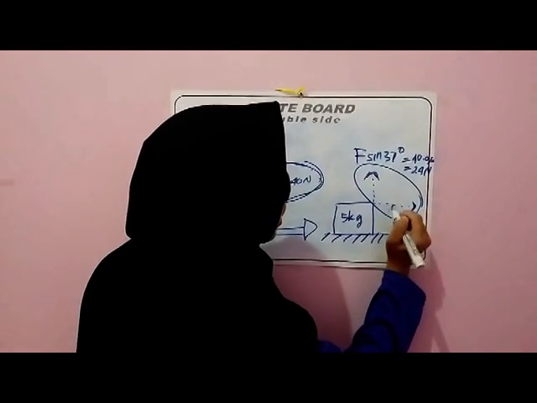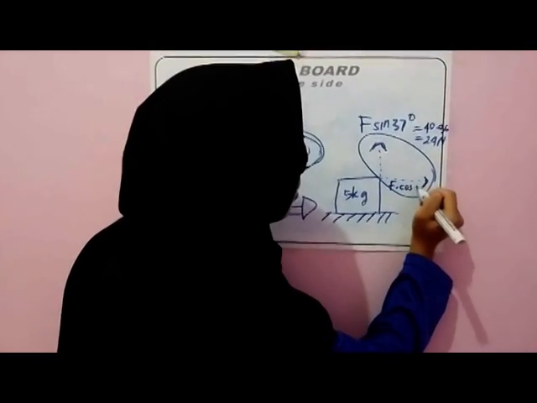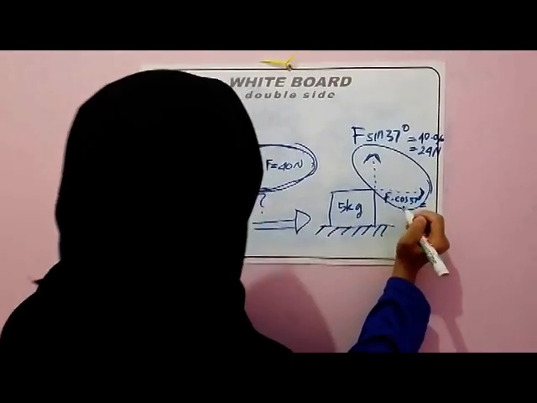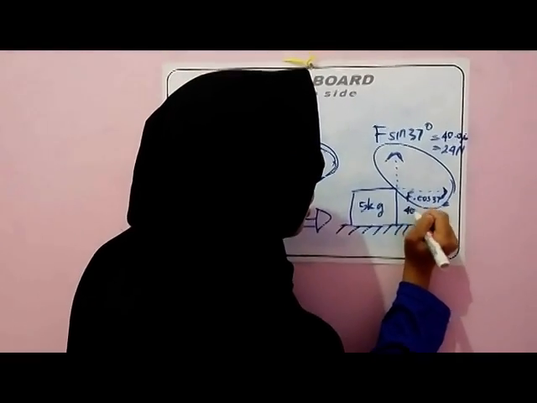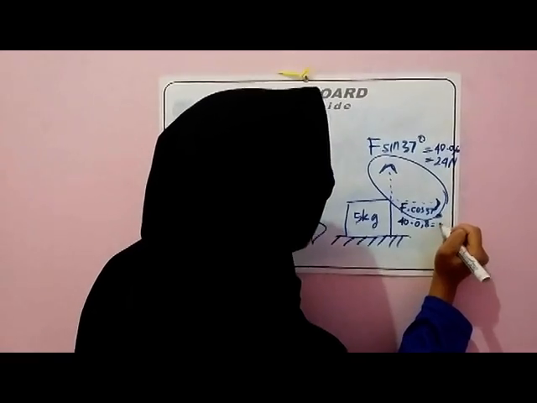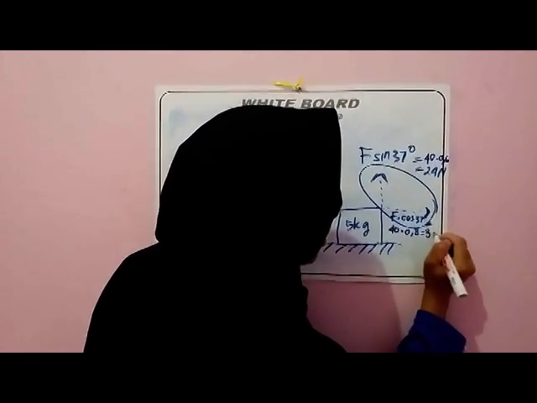The x component is force times cos 37 degrees, which is equal to 40 times 0.8, and is equal to 32 Newton.